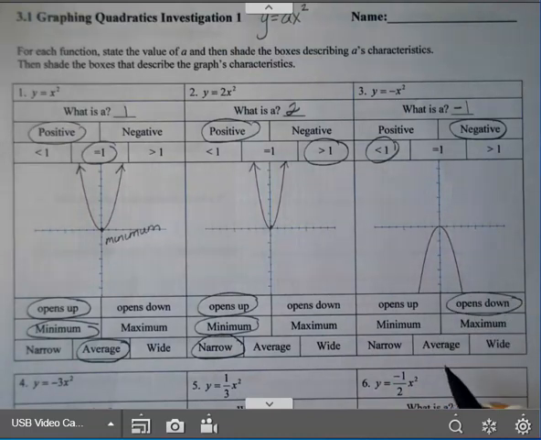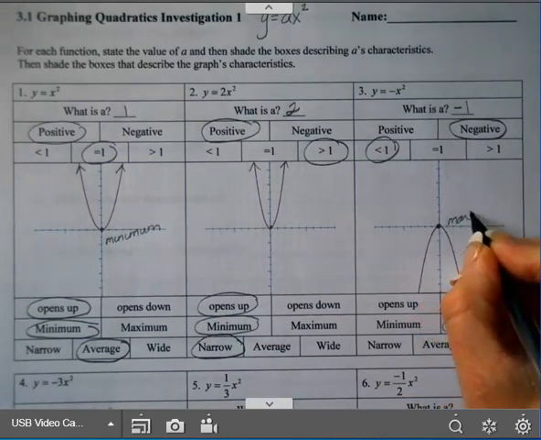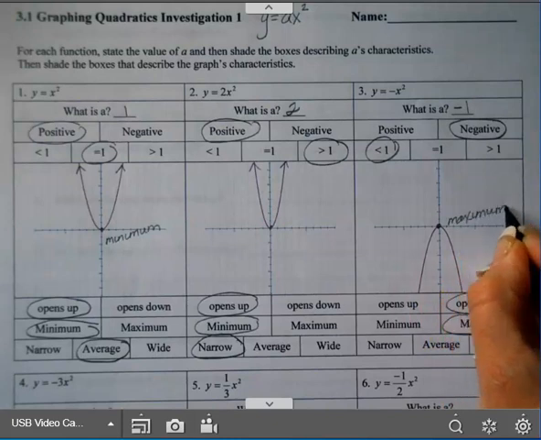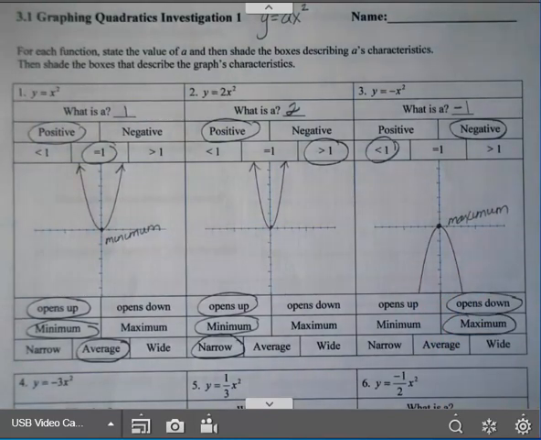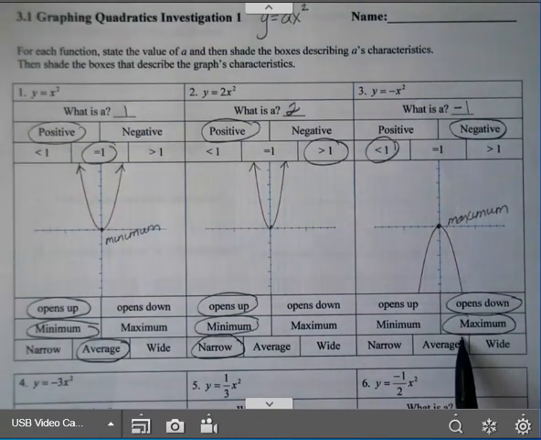We have a maximum this time. It reaches the highest point. And our graph, if we compare it to the first graph over here, they are the same shape. It's just upside down. So this graph is average.